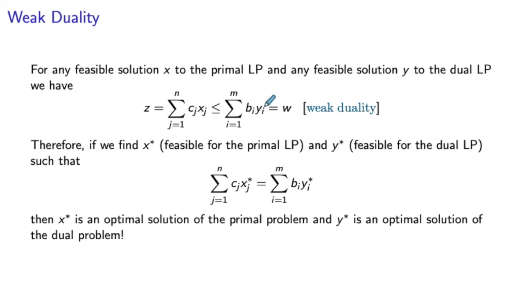Right? So because, look, let's say I fix one of them, so for example, I take particular values for y star and plug them in this inequality, then once the values of y star are fixed, this becomes a constant, right? And we have the inequality that for any feasible x, the objective z is less than or equal to that constant.